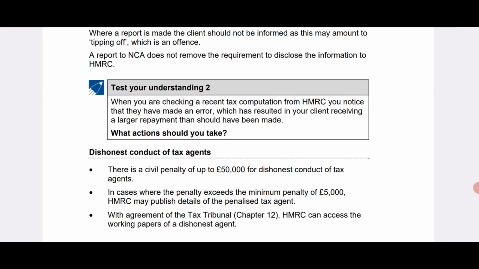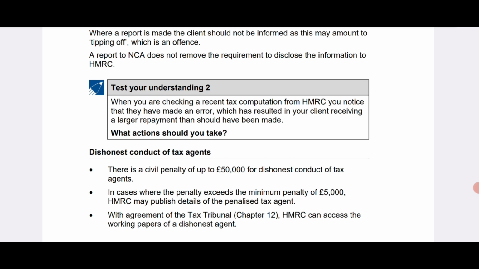Let's see test understanding number two. When you are checking a recent tax computation from HMRC, you notice that you have made an error which has resulted in your client receiving a larger repayment than should have been made.